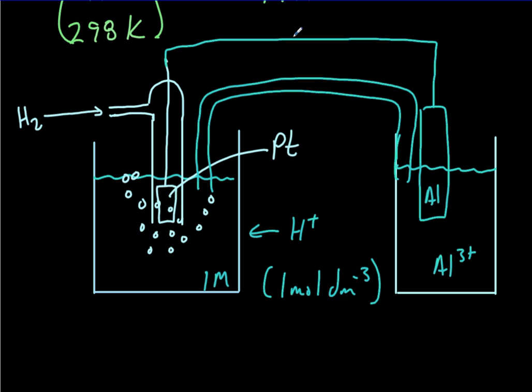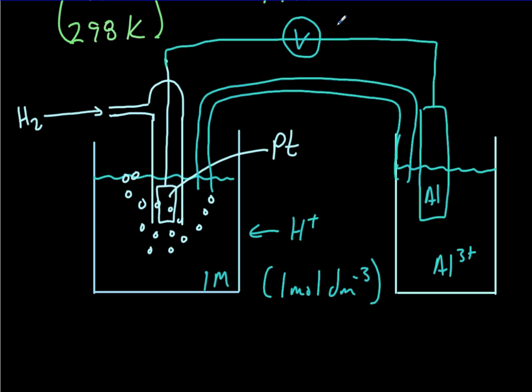Now you'd put your voltmeter on here and test the voltage between the two. But which way would we tend to go? In other words, who's the anode and who's the cathode here? Which one's the stronger reducing agent? Is aluminum the stronger reducing agent, or is hydrogen? Yeah, aluminum is.